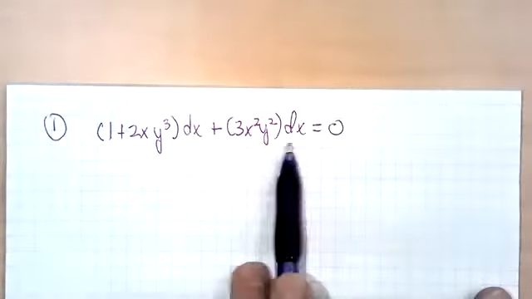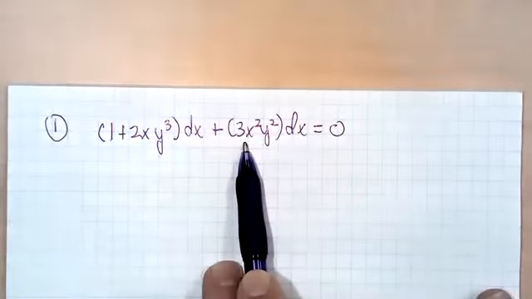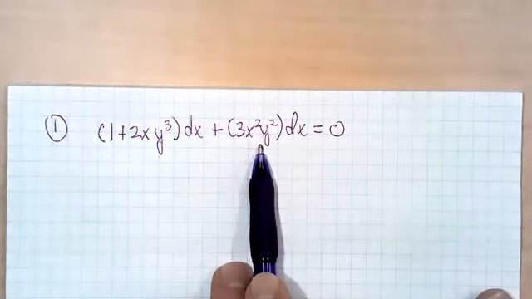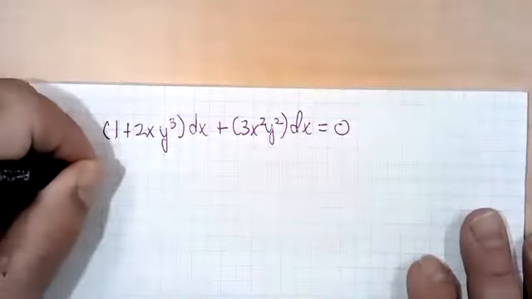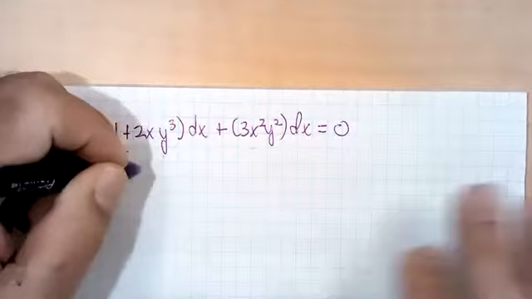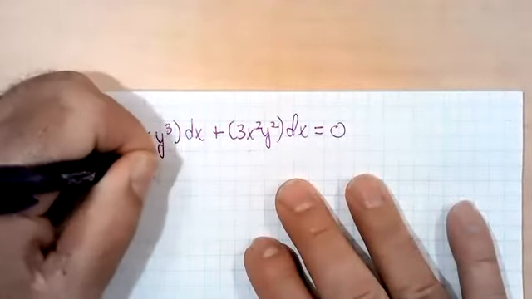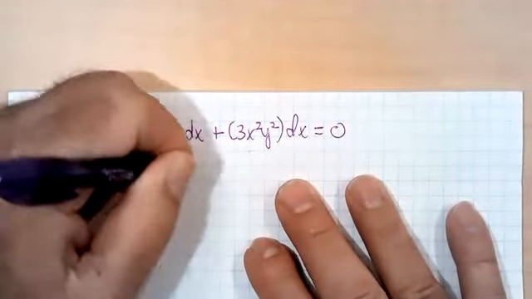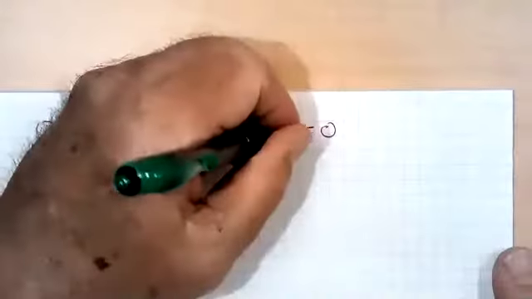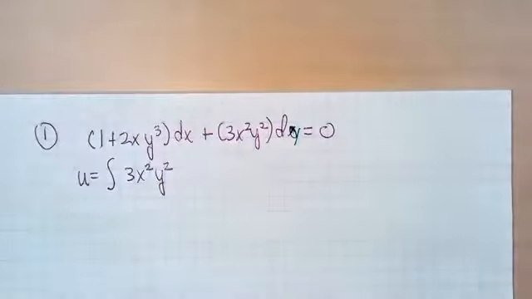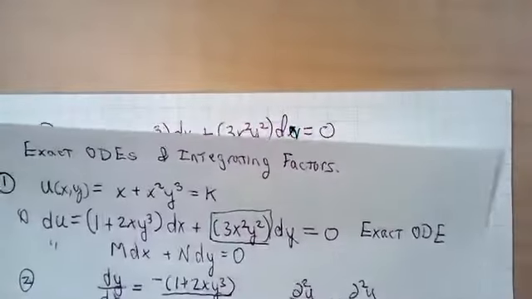Well, you could argue in the same way for this one, right? You could say, if this is the partial derivative of u with respect to y, then u must be equal to an antiderivative of 3x squared y squared. This should be a y here. Right? Comes right from there.